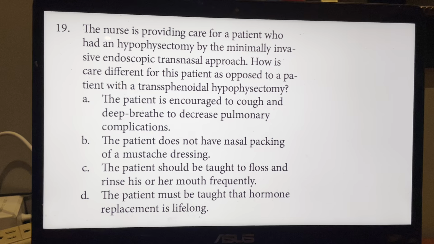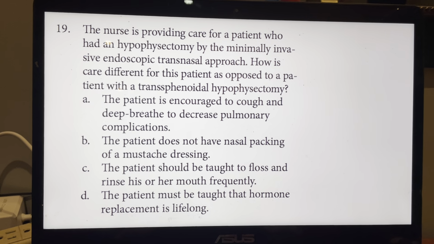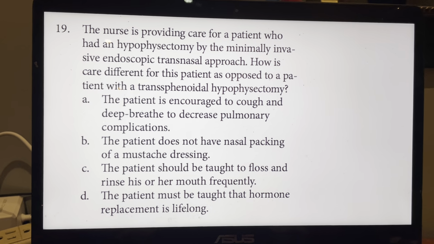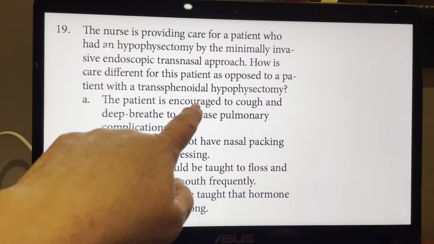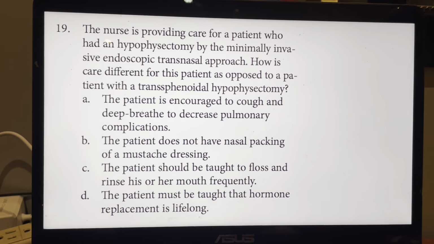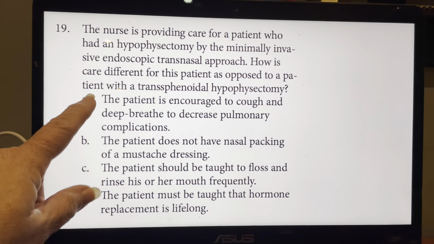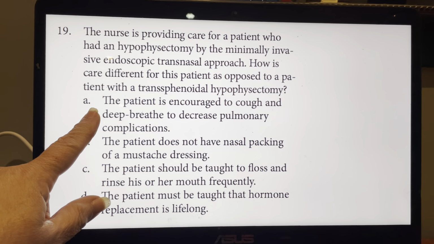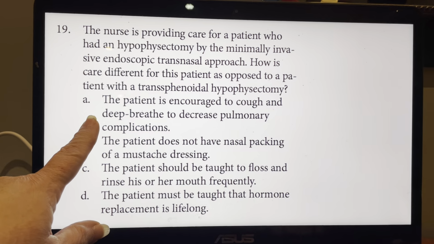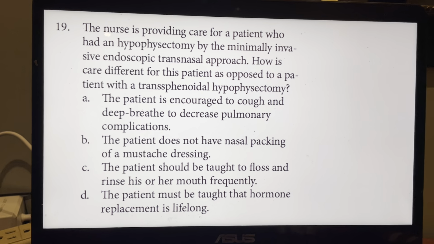The nurse is providing care for a patient who had a hypophysectomy by the minimally invasive endoscopic transnasal approach. How is the care different for this patient as opposed to a patient with a transsphenoidal hypophysectomy? The patient is encouraged to cough and deep breathe to decrease pulmonary complications.